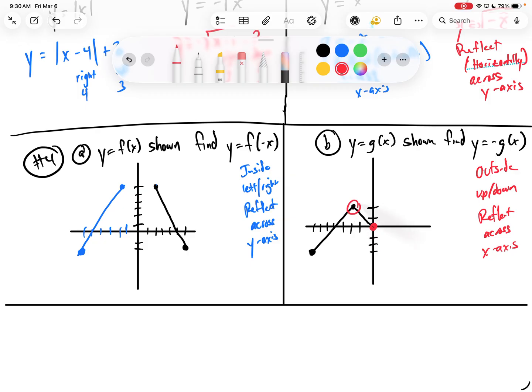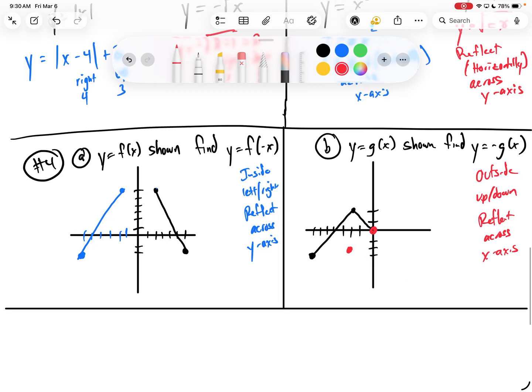So this one right here is 2 above the x-axis. So I go 2 below the x-axis. This one right here is 3 below. So I go 3 above. And that's going to flip the graph vertically. Does everybody kind of see the easy way to do that?